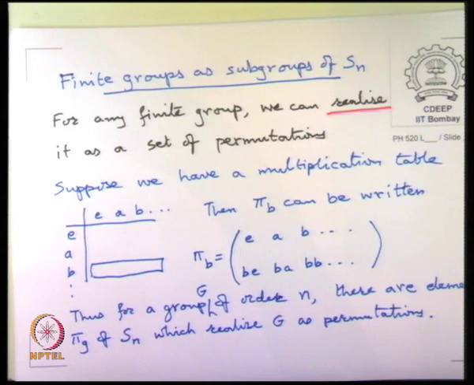So this looks like a clever trick, and what one has to remember is that n is some number, but Sn, its whole size is n factorial. So Sn is a gigantic group, but by paying the heavy price of considering members of some huge group, you at least represent any possible group of size n as some permutation.